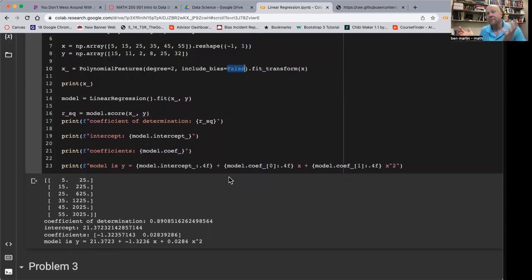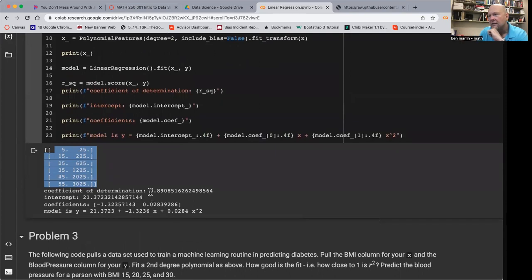Well, that's weird. Okay. You got me. I don't know what's going on. So the false there doesn't fit with my intuition of what this means. In any case, we have taken these and fit them in there.